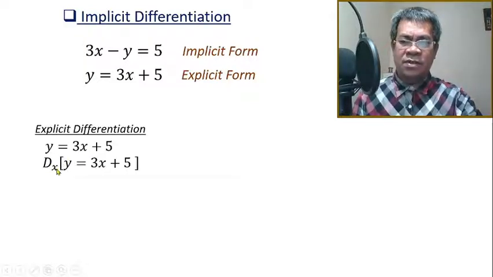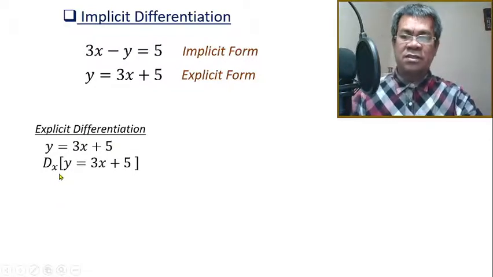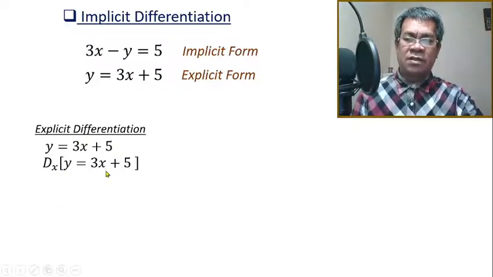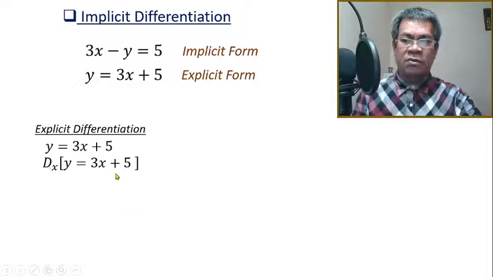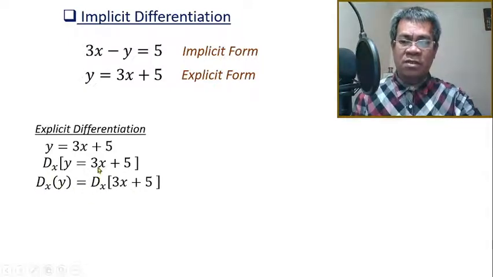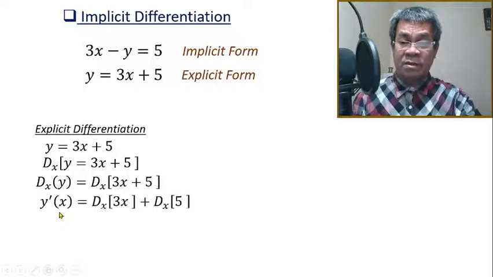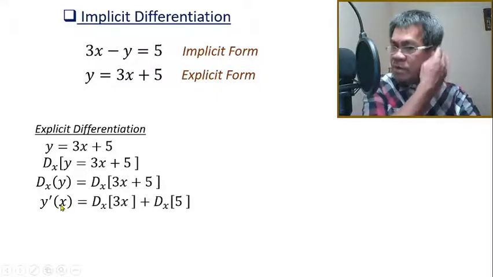This is the simple derivative again. We apply the derivative on this explicit form, using the sum rule. The sum rule means you can use the operator on all terms. So take the derivative of y, the derivative of 3x, the derivative of 5, that's it. The derivative of y is dy/dx, or y prime of x.